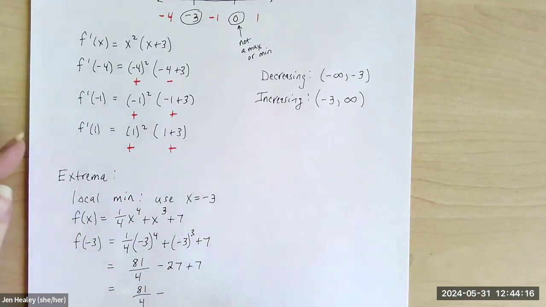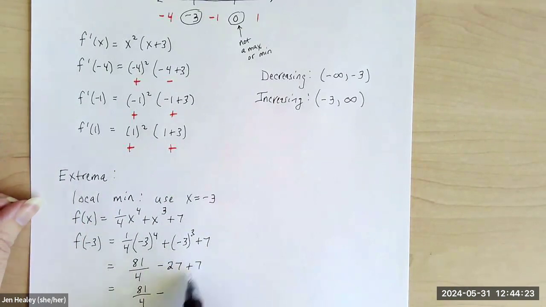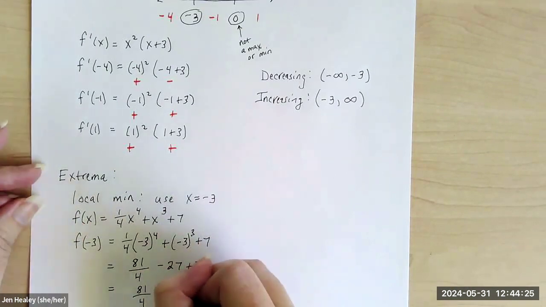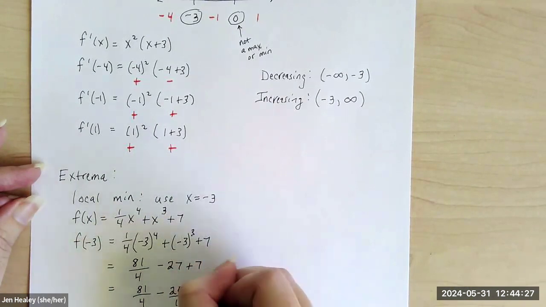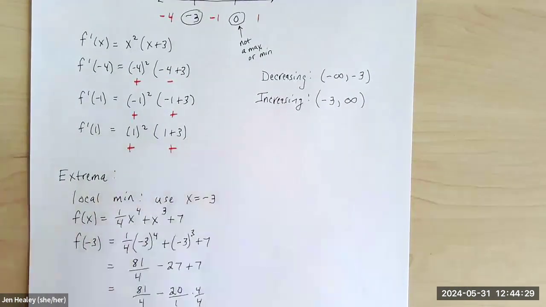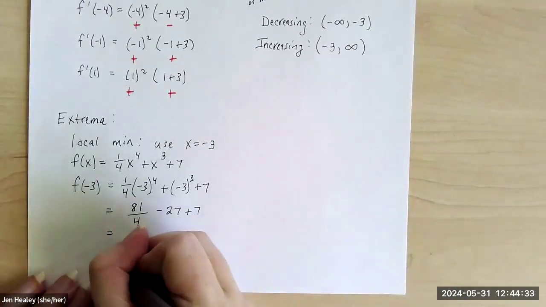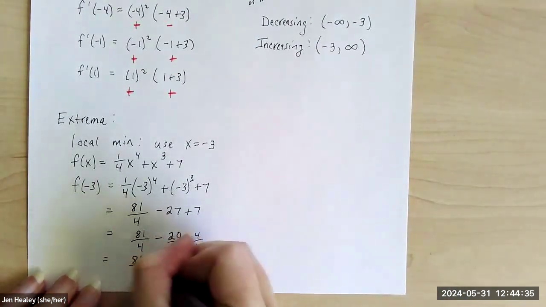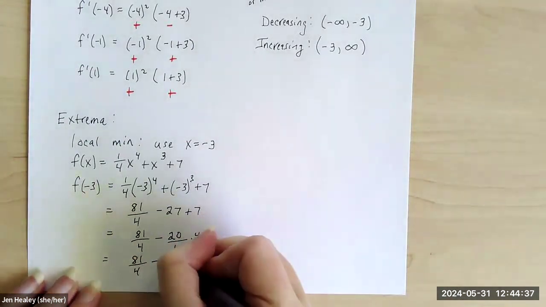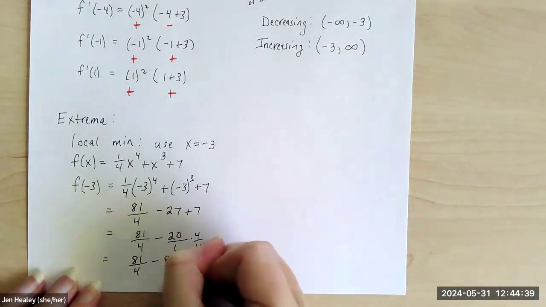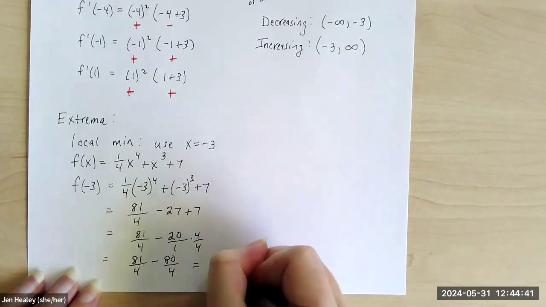And -7, or sorry, not -7, -20. Why did I say -7? Minus 20, let's see, we can put 20 over 4 if we multiply that out. So 81 over 4 minus 80 over 4 pops out a 1/4.